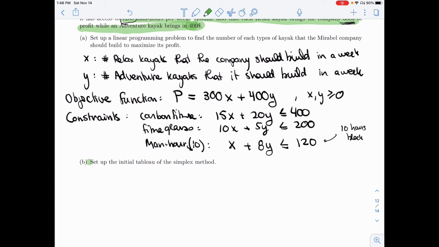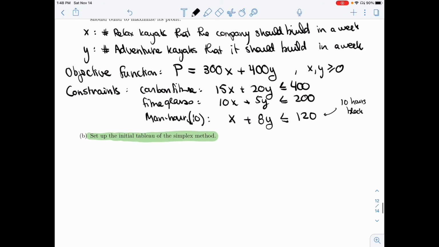Now let's set up the initial tableau of the simplex method. We're going to add slack variables. I'll have 15x + 20y + s1 = 400. That's going to be my first equation. We have three constraints, so I need three slack variables.